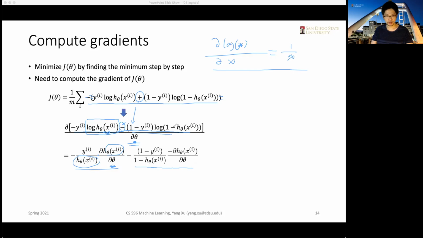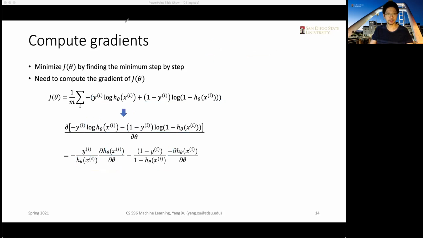Maybe a little difference is that there's a negative symbol here, so that's why the negative symbol is there. Okay, but this step makes the whole expression simpler, because what's left now is just this term. These terms are the same.